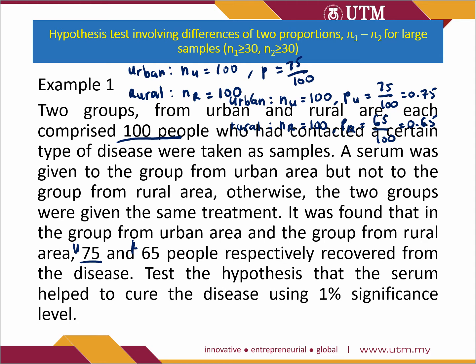Meanwhile, for the rural area, it is 65 over 100 recovered from the disease. So we want to test the hypothesis that the serum helped to recover from the disease using a 1% significance level. So alpha is given as 0.01.